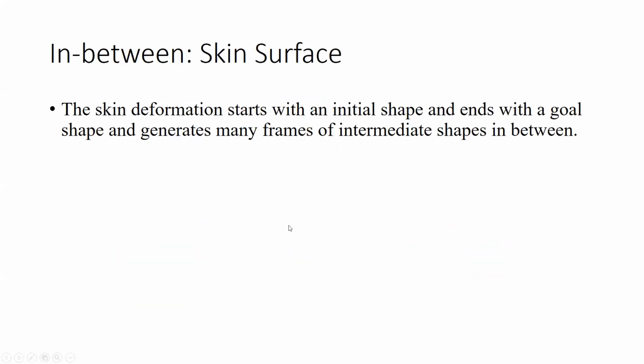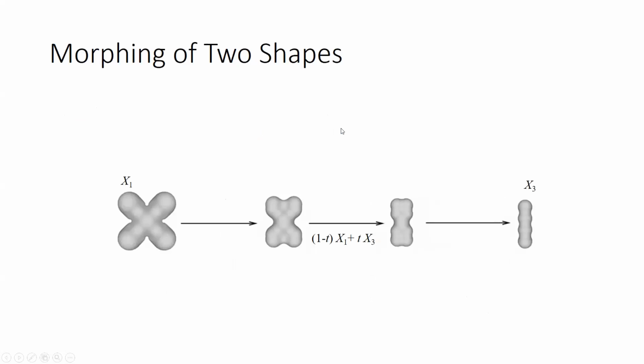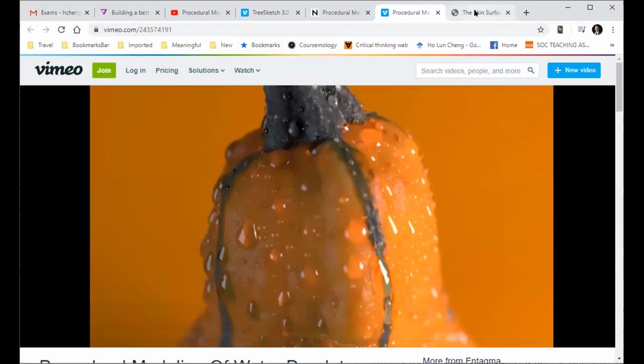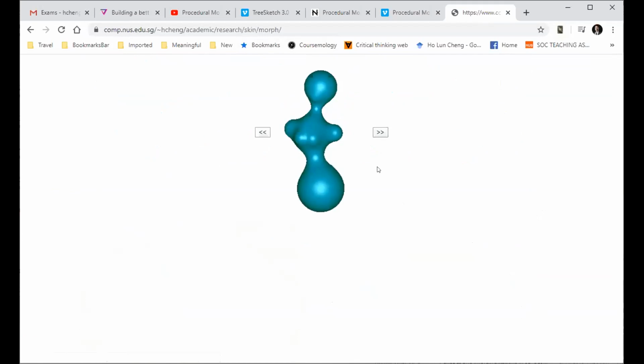And the good thing is you can actually deform one shape to another one. Let me show you another example of deformation. So this is another deformation I created for my master thesis, that you can actually change this to another one.